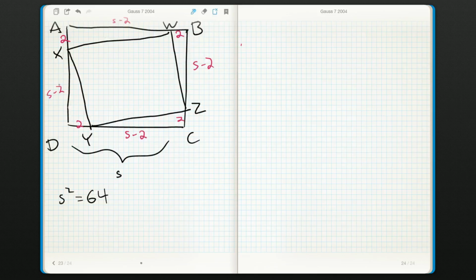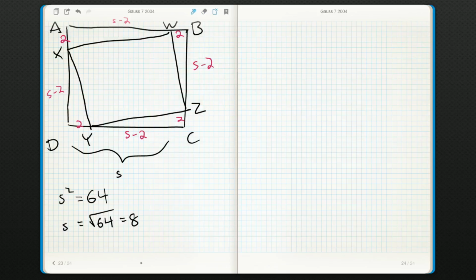So if I just knew what S was, I'd be all set. Well, we can grab our calculator if we need to, but hopefully you know that the square root of 64 is 8. That's a very small square number that you should know the square root of.